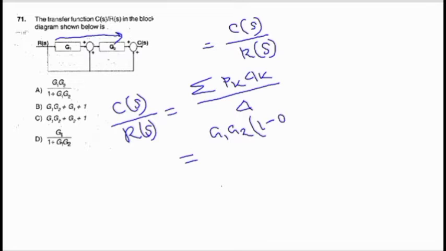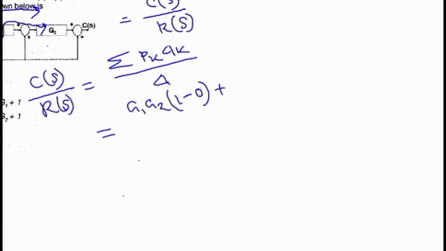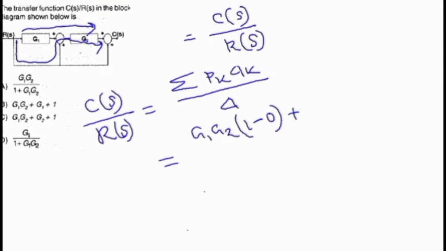So 1 minus 0, plus the second forward path. We can start from here and go like this. What is the path gain? It is only G2. And again it will be 1 minus 0 because there is no loop.